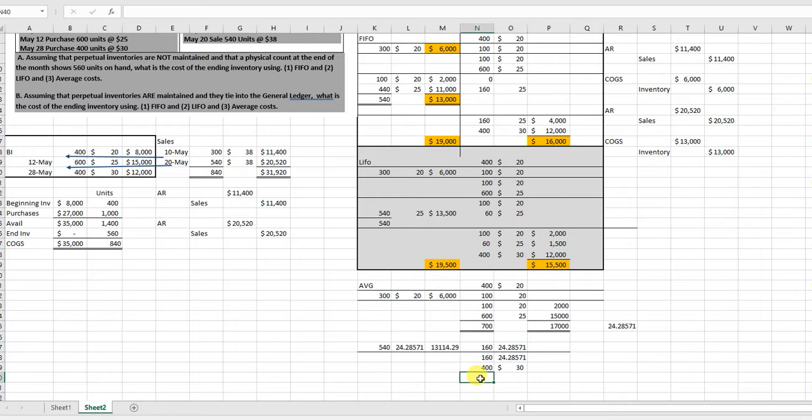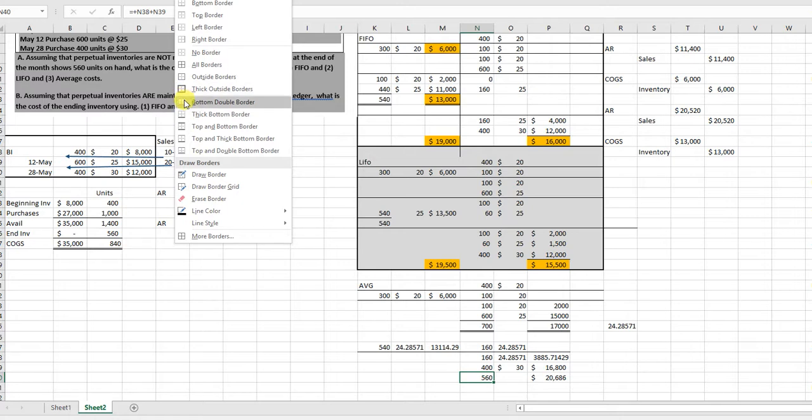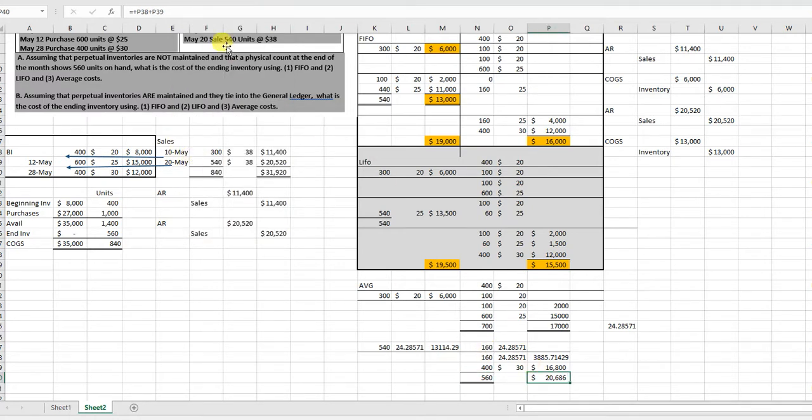Okay, so now I have a total of 560 units that cost a total of $20,686. And although I really wouldn't need to do this because I don't have to do it until I sell something, sometimes you might purchase again. But I do an average cost per unit, and I have $36.94. So the next time I sell them, I have $36.94.